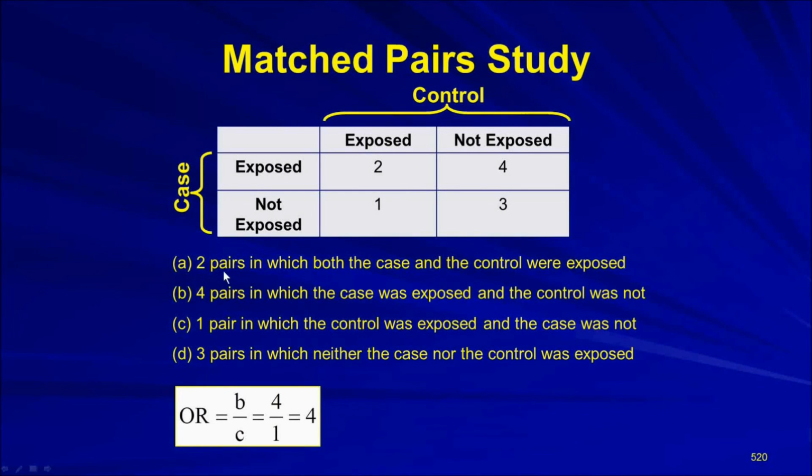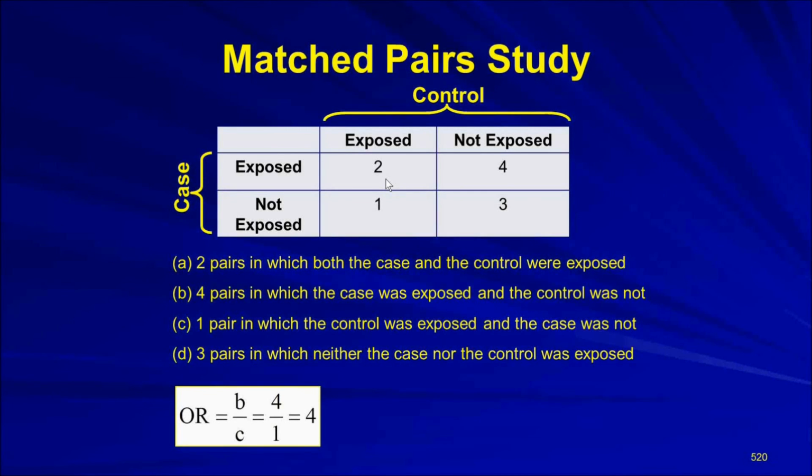So you can go through and read all of this to see how you classify the others that have the same letters. Okay? So our odds ratio with matched pairs is 4.0.